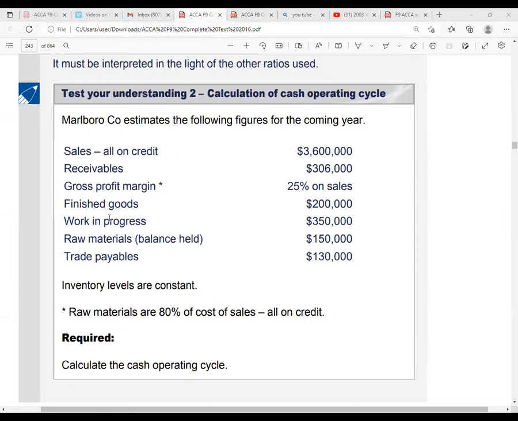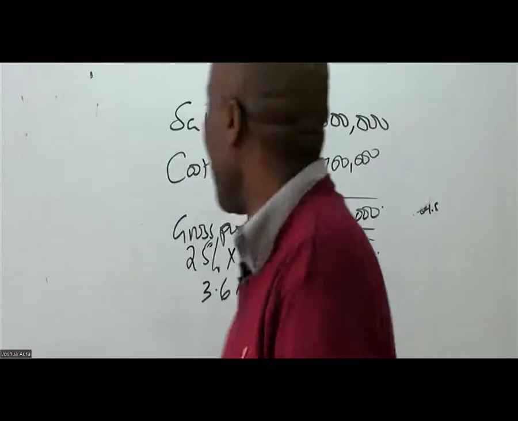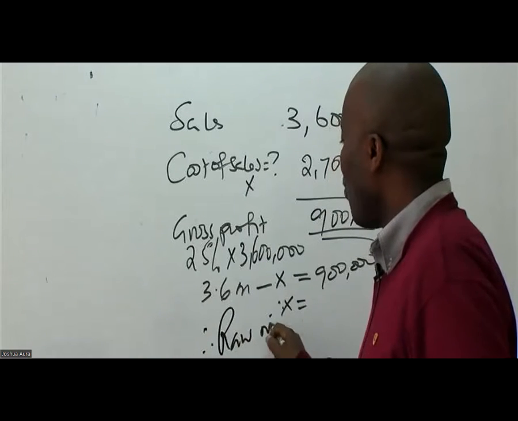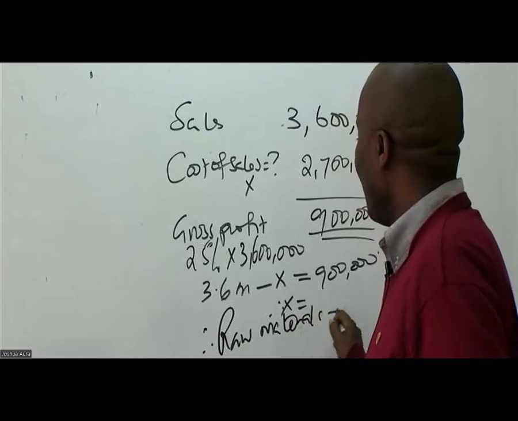I can see they're giving me something very nice here, that you've got raw materials, which are 80% of cost of sales, all on credit. So I'll put a mark here and work out the cost of the raw materials consumed in a year.